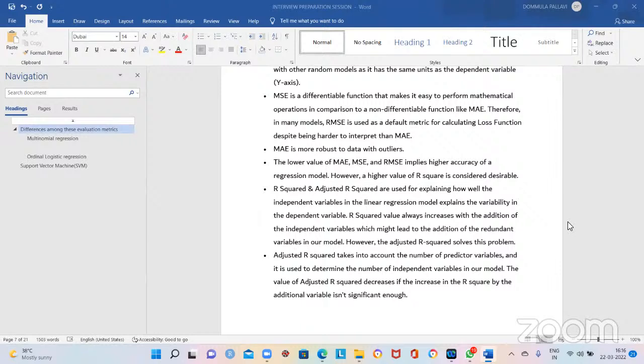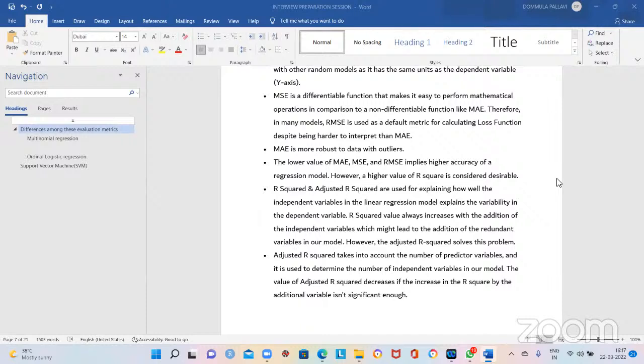R square value always increases with the addition of independent variables, which might lead to the addition of redundant variables in our model. However, adjusted R squared solves this problem.